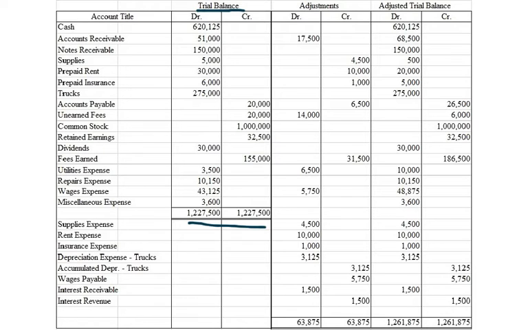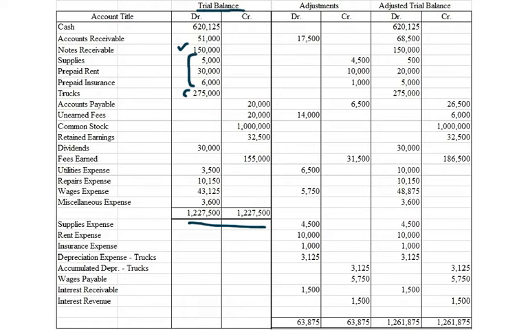Now, some of these do dovetail. They're consistent with numbers that were described earlier, such as this balance in notes receivable, because we mentioned that we loaned the company $150,000. So there's where that came from. And of course, the balances in these accounts here came from the deferrals when we talked about that: purchase of supplies, prepaid rent, prepaid insurance that were paid for. The trucks account is equal to the 250 that we started with in November.